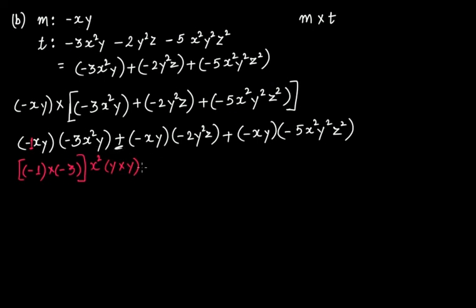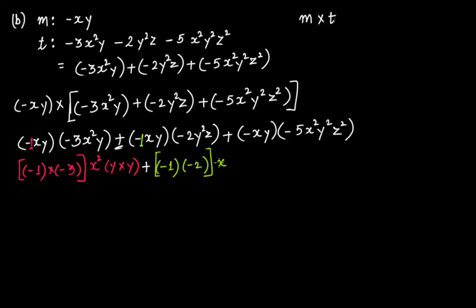This plus sign here. Then you have again minus 1xy. So in this case, this is minus 1 multiplied by minus 2. And then you have x here, so write x, and you have y multiplied by y squared.